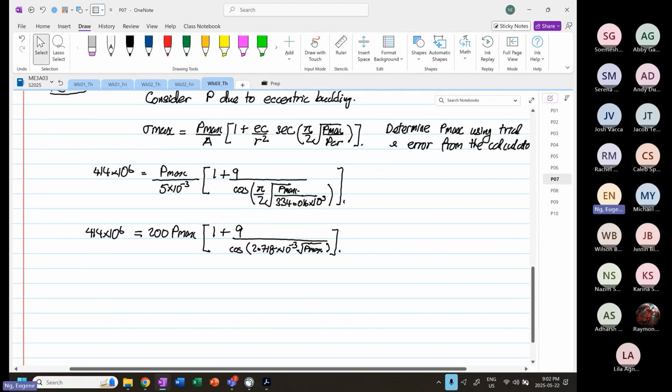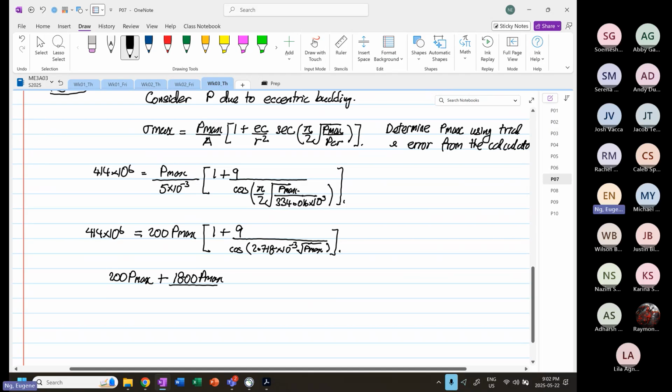Then we bring everything in. So we have 200 P max plus 200 times 9, which is 1800 P max.